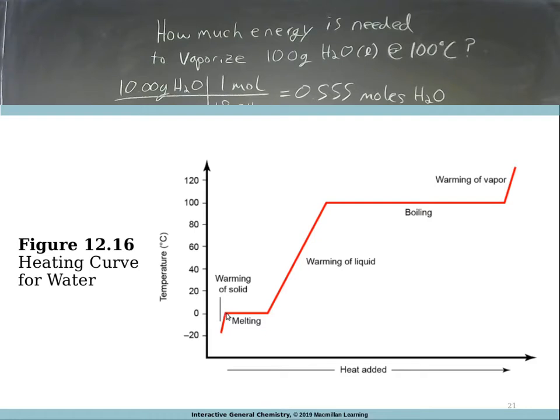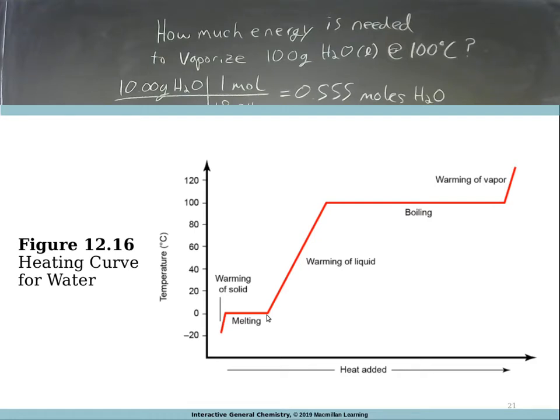And then as we continue to add heat to it, the temperature will actually remain constant. The heat that we add is not being used to change the temperature of the substance. Instead, it's causing the melting transformation. And so we start at ice, solid water, and then as we add heat, more and more of it melts until at this point it has completely melted. There's no more ice, it's all liquid water.